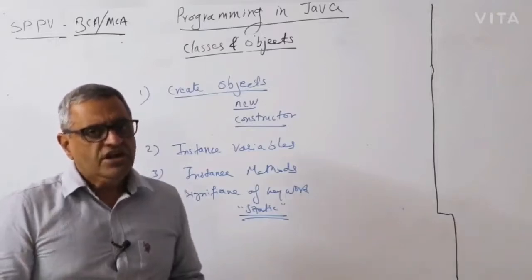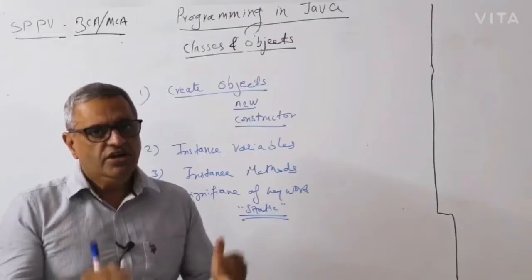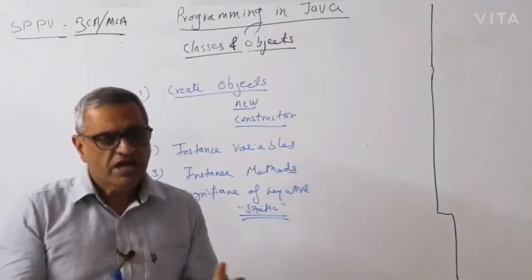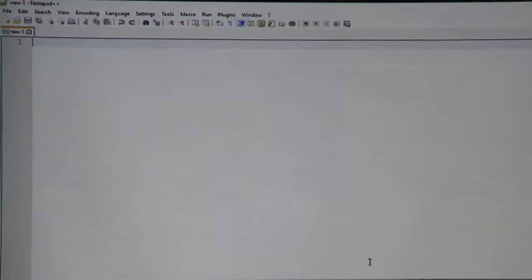So let us take a deep dive and start actually coding, creating the class and then the object, and then learn all these things. As I use Notepad++ to create any new Java program, what I'm going to do today is create a new class called cat. Simple, right?